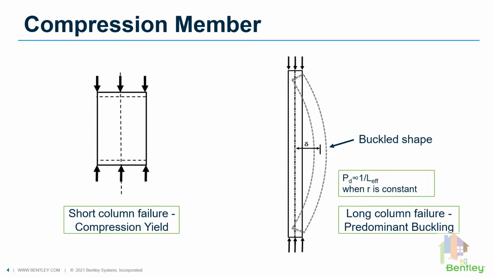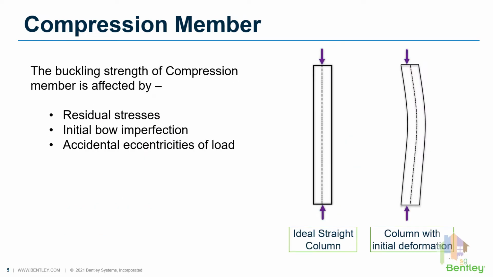And with the increase in length compared to radius of gyration, the tendency to buckle increases, which eventually reduces the overall capacity of the member. Now, this buckling strength is further affected by several factors like residual stress, initial bow imperfection, accidental eccentricities of load.